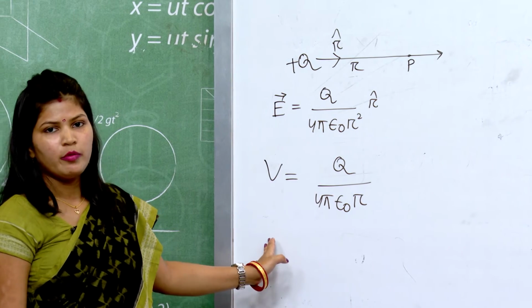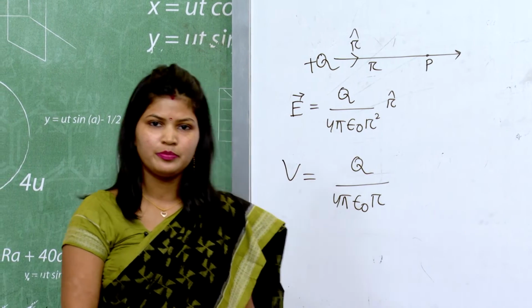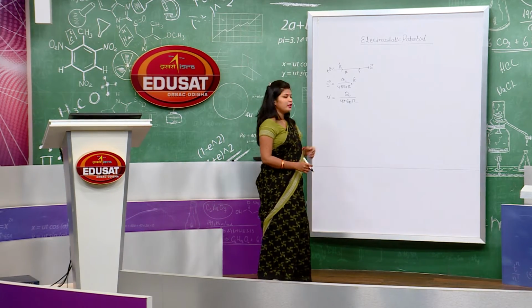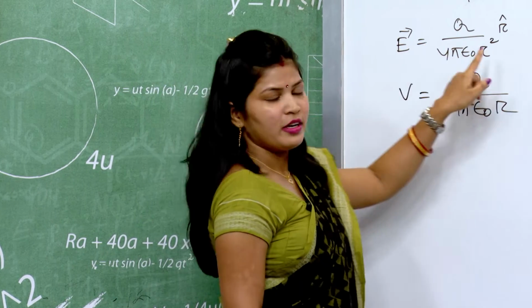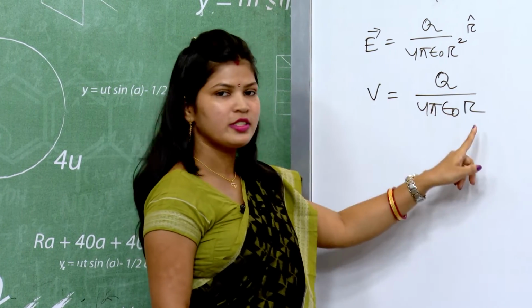Now, we will see what is the relation between the two. Electric field is a vector quantity and potential is a scalar quantity.